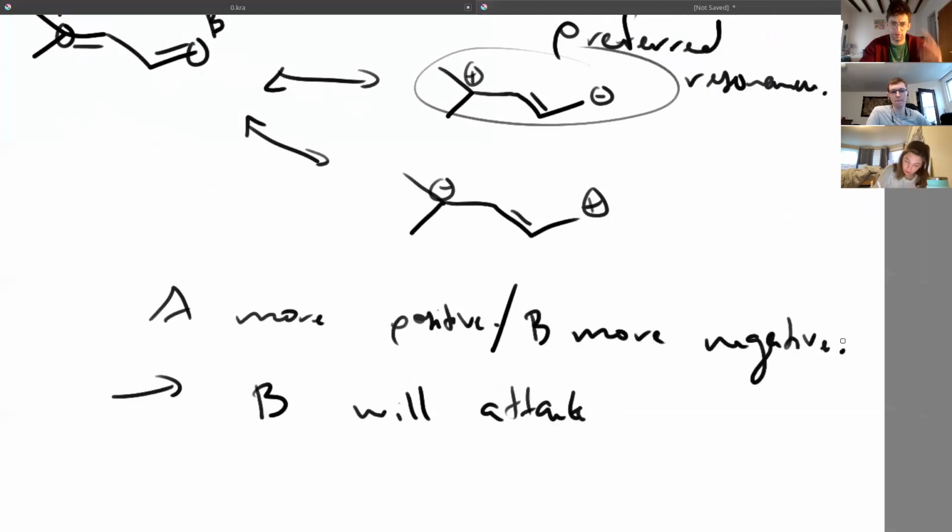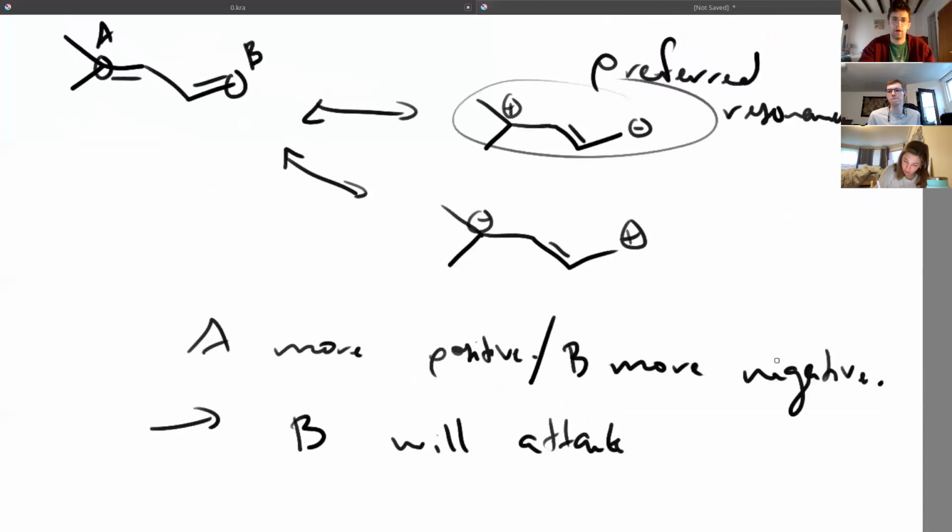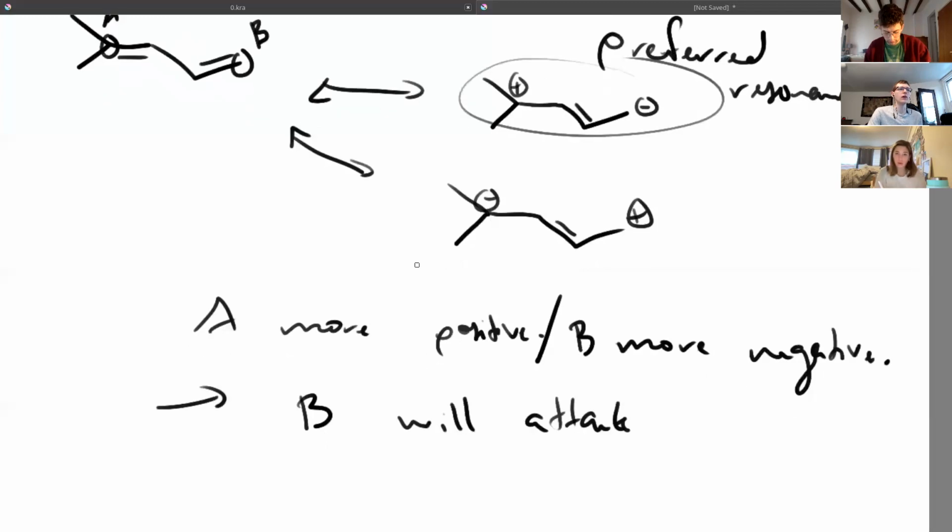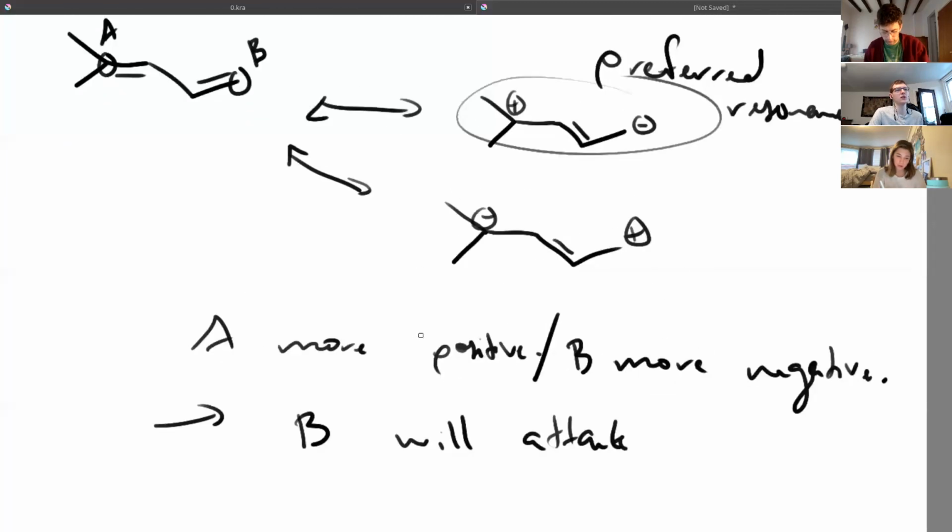Also, so what Sophia was saying earlier, another way of saying that one is more positive is that A provides a more stable carbocation. I think that would be fair. And so the carbon B will attack the hydrogen.